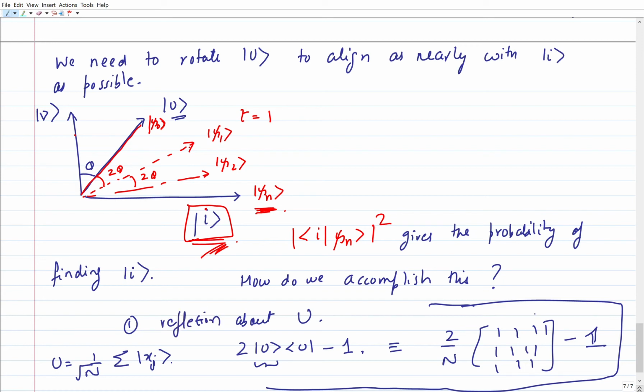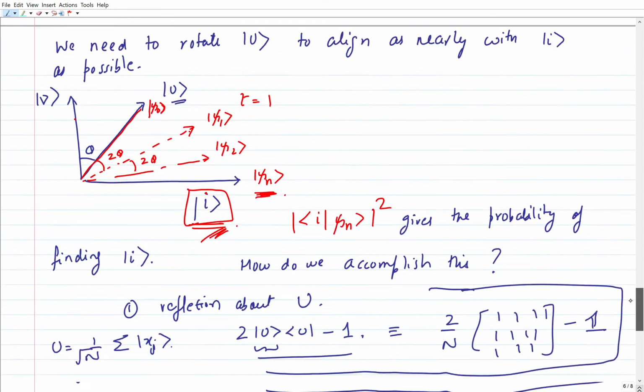This is called the diffusion operator. U is known as the diffusion operator. We'll come to that when we do random walks.